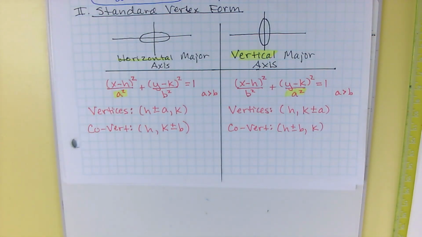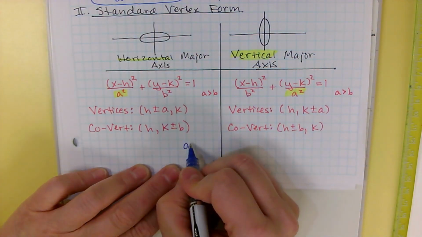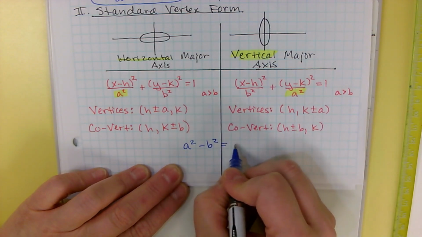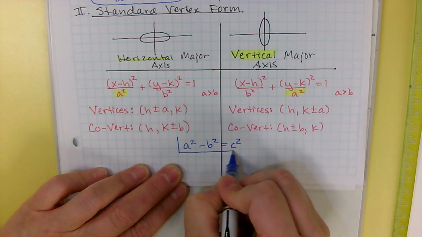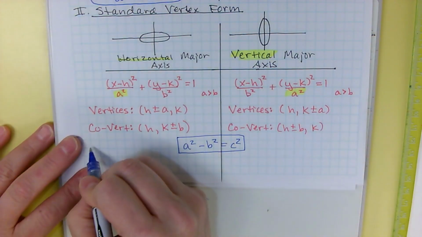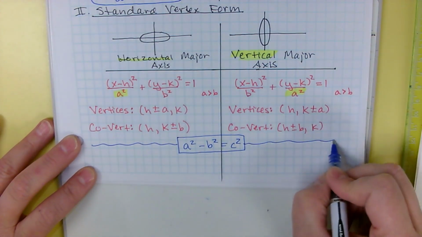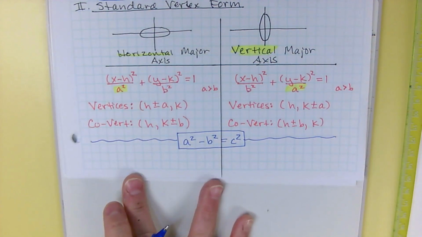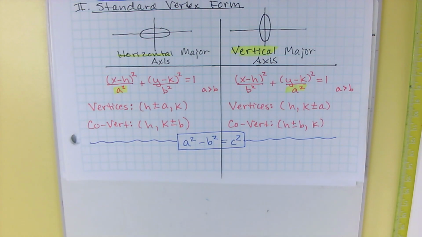And again, the one formula that is the same is a squared minus b squared equals c squared, which is the relationship between a, b, and the foci. This is good for both. It never changes. However, how you use the C will change because the foci are always on the major axis.